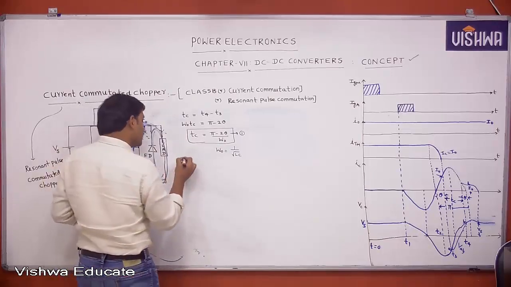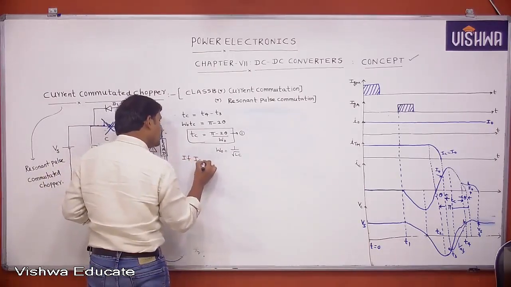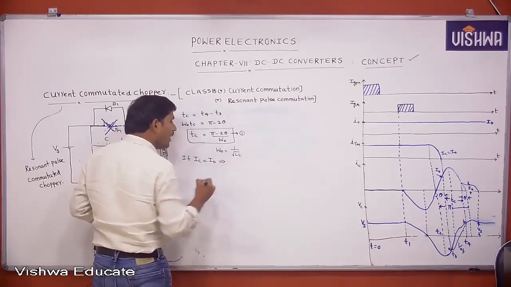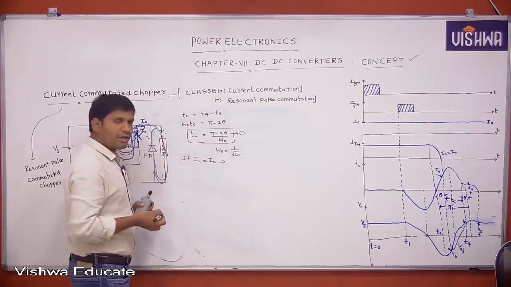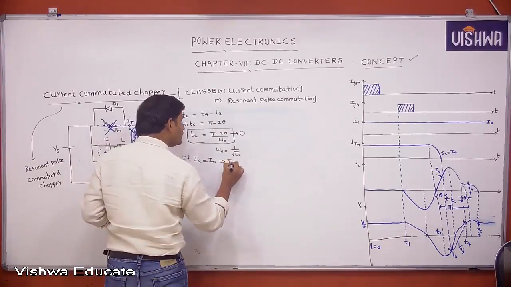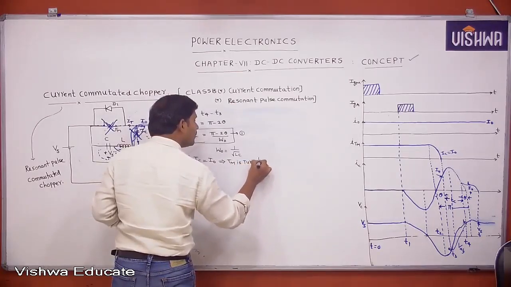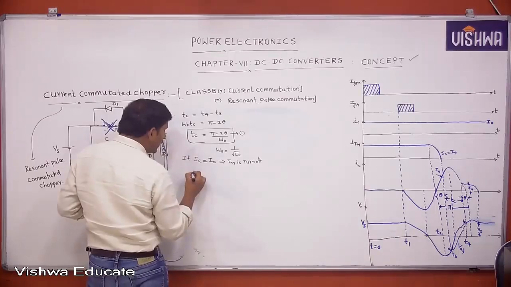If IC equals I naught, then the thyristor TM is commutated, that is, turned off. In terms of IC, how to write?